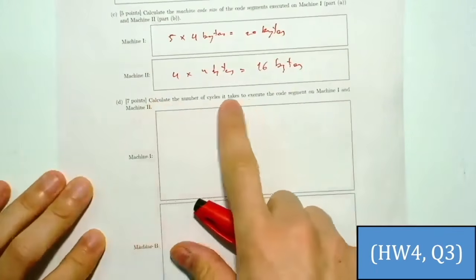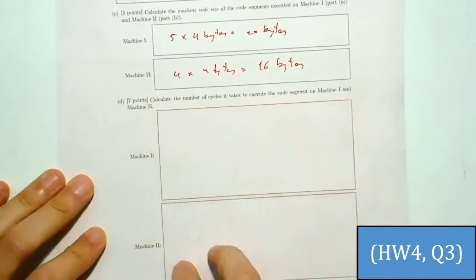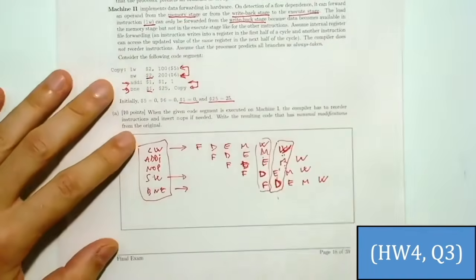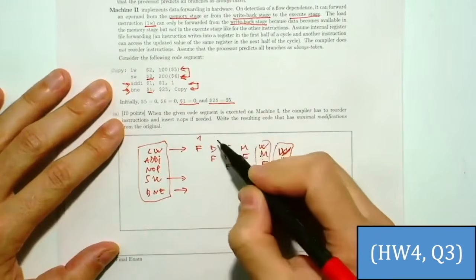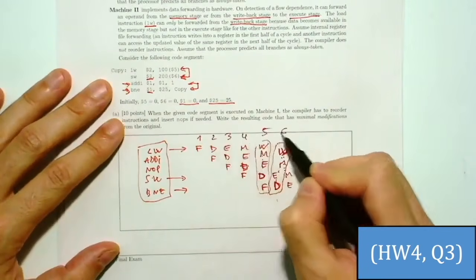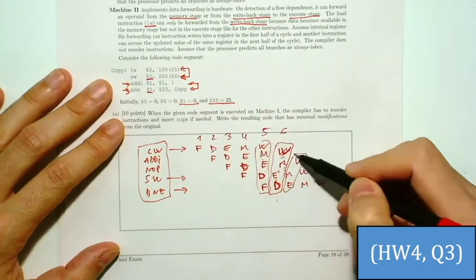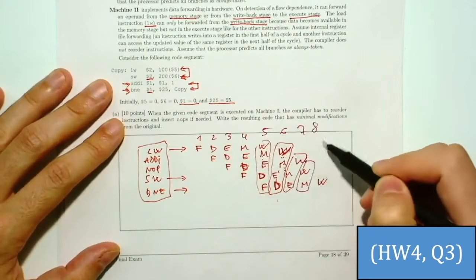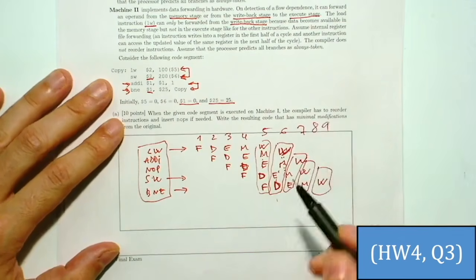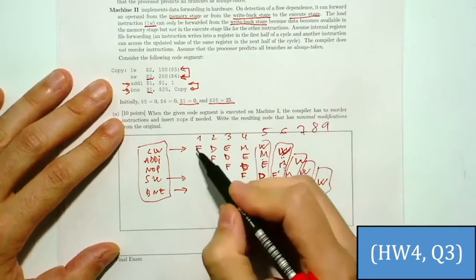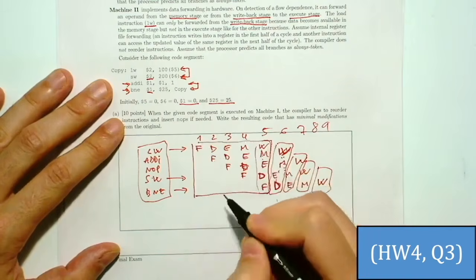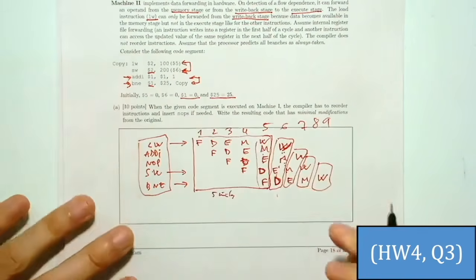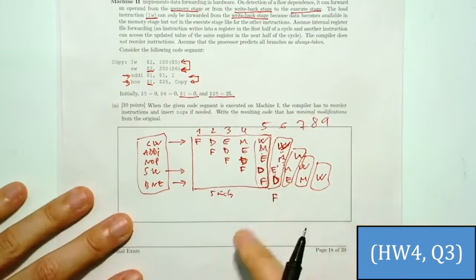So calculate the number of cycles it takes to execute the code segment on machine 1 and machine 2. For machine 1, you already have this diagram here, right? This is cycle 1, cycle 2, cycle 3, 4, 5, 6, 7, 8, 9. So this is one iteration of the loop. In one iteration of the loop, you see that you can issue 5 instructions, and the next loop can start immediately after these 5 instructions.